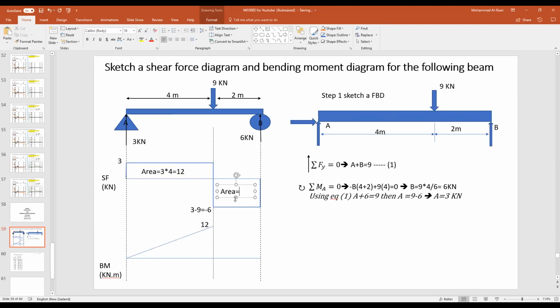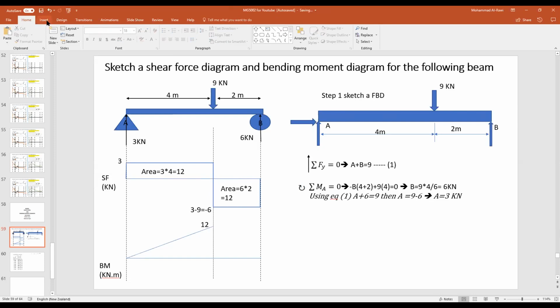This dimension is 6. And remember, it's negative, but the area is fine. Times this length is 2 meters. We get it from this dimension. Times 2 will be equal to 12. But this is negative. So we have a positive area here, and here we have a negative.